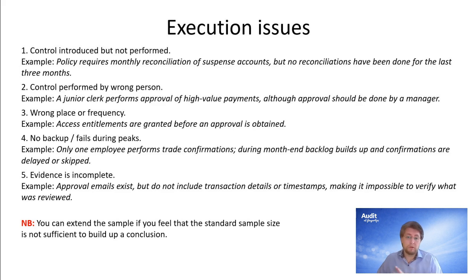The same about control wrong place or frequency, especially the last one, because frequency requires regular attention, like entitlements review, or entitlements approvals, like in our case. So approval might be placed or might be given for the entitlements after the access is provided.